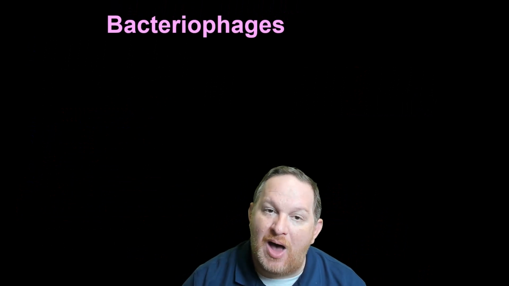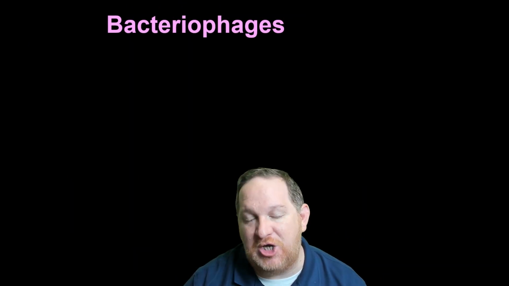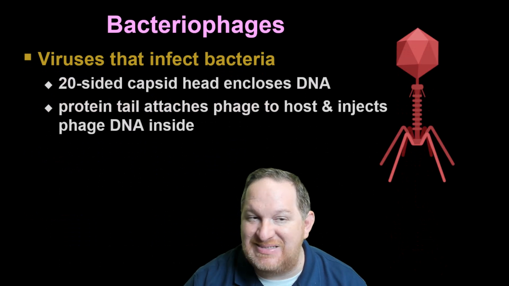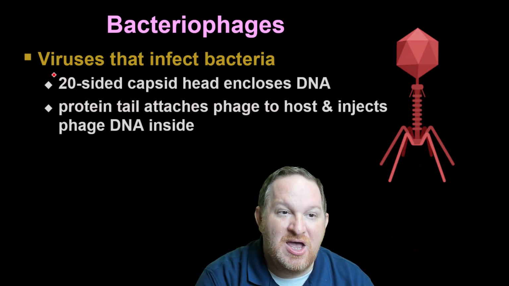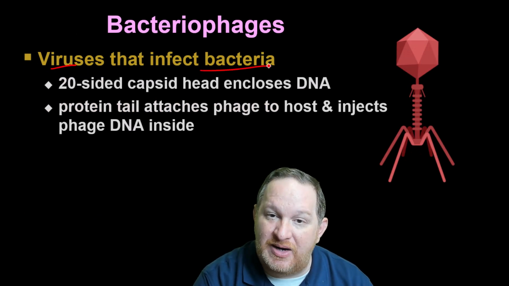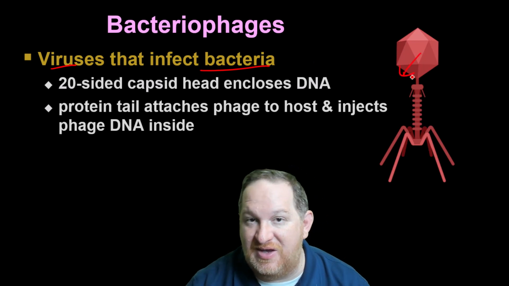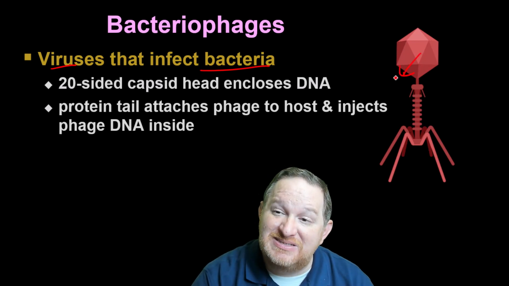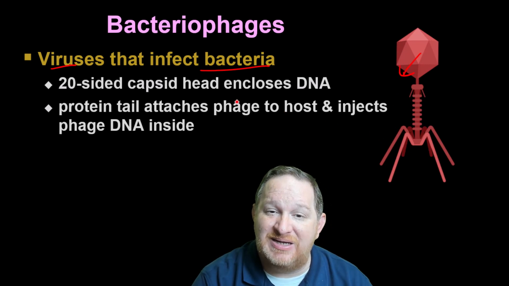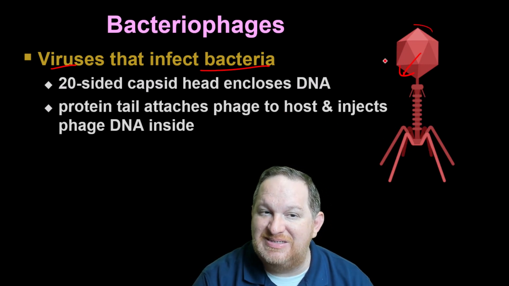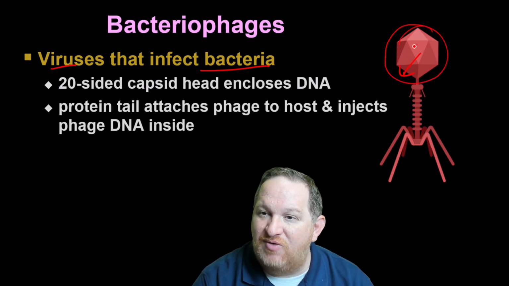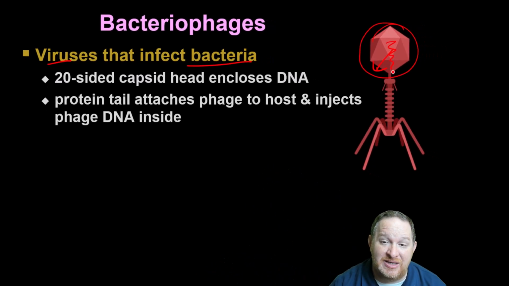Okay, so I mentioned early on this idea of phages. Phages are basically just viruses that infect bacteria, right? So we don't have to worry about this little thing infecting us, because these evolved to infect bacteria. So you've got this 20-sided capsid head, and you've got the DNA, the genetic material, inside.